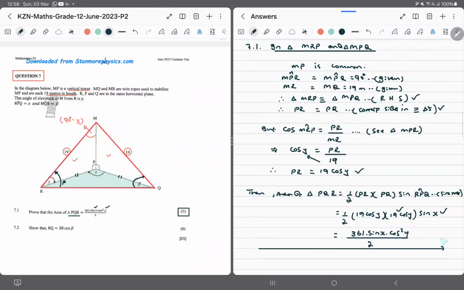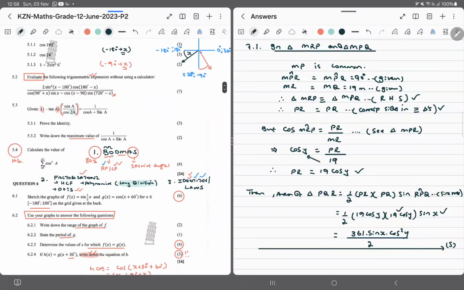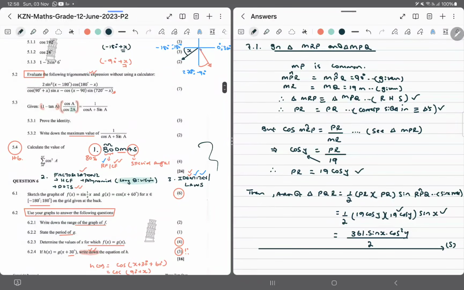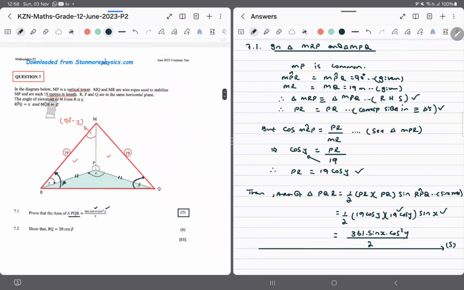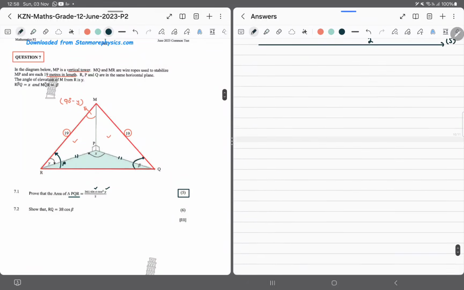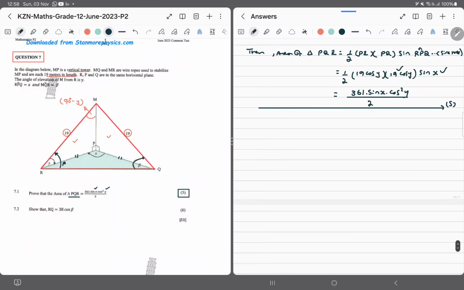Everything else is history. 5 marks. Nice and easy. So I hope you can appreciate, guys, all of the work that needs to be done. And guess what? Everything is doing the 3-step approach. Lovely stuff.